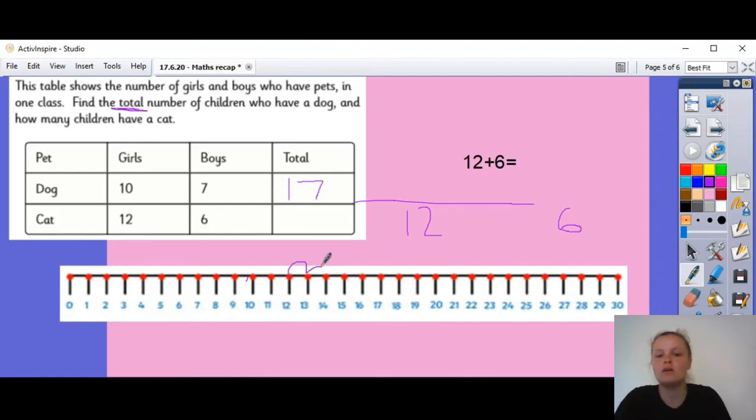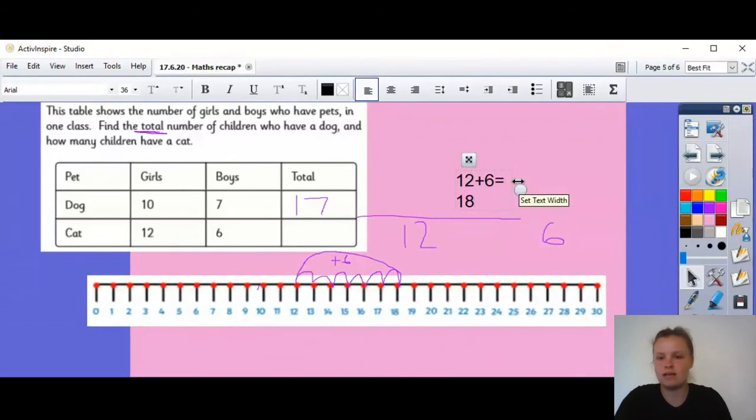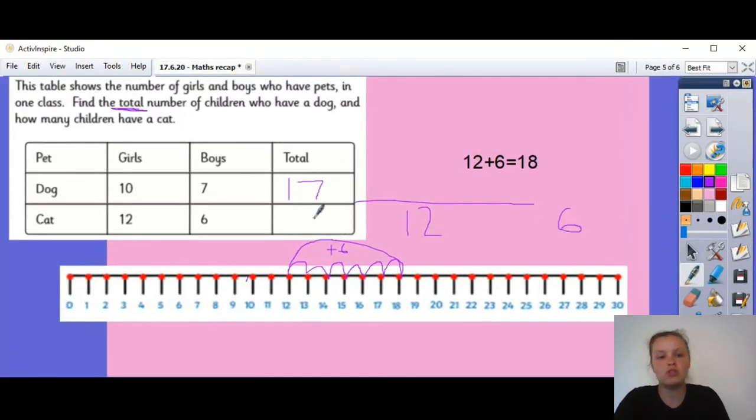Okay, so 1, 2, 3, 4, 5, 6. Okay, we've added 6. Fantastic. So our answer is 18. So 12 add 6 equals 18. Now we need to add that in to the table. So the total number of cats is 18.